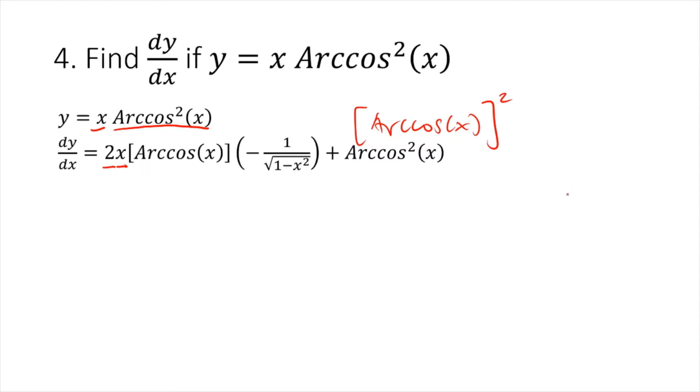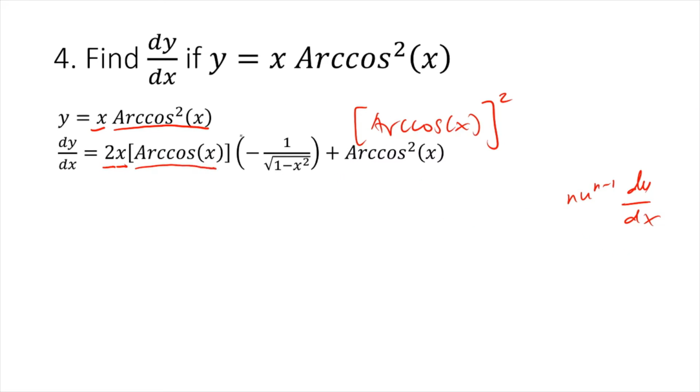So recall the power rule: we have n u^(n-1) du/dx. n in this case is 2, so 2 here, and then u raised to n minus 1, so arccosine x raised to 2 minus 1. That's why we get arccosine of x raised to 1. Okay, and then du/dx.